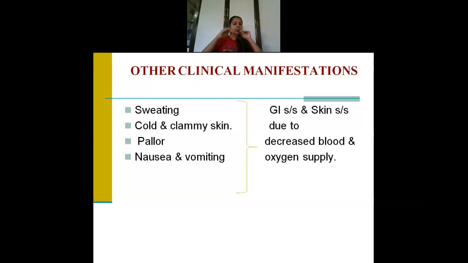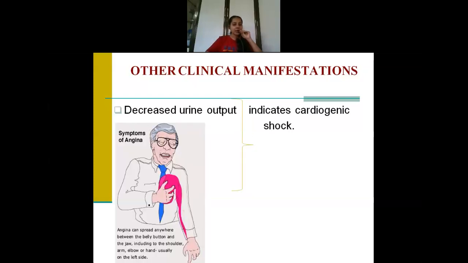So because of that, the skin will be cold and clammy to touch. The patient will have pallor, and most of the time some patients will have nausea and vomiting during chest pain. Remember that. Okay, commonly in heart attack it is very much seen. Next is urine output. Decreased blood flow to the kidneys may result in decreased urine output, and sometimes it also indicates cardiogenic shock.